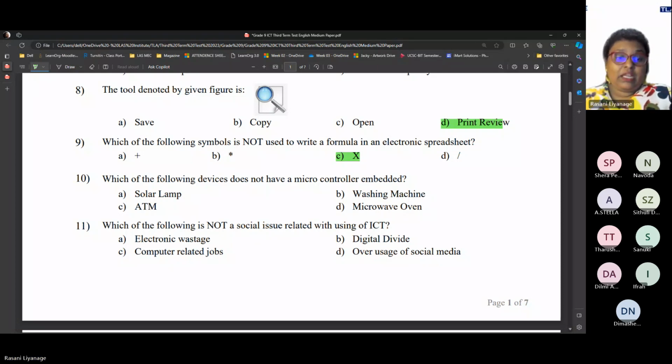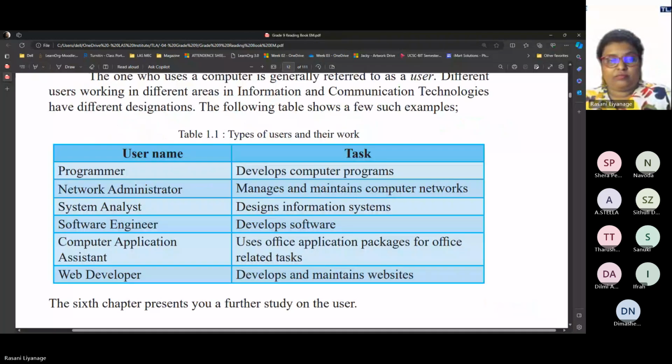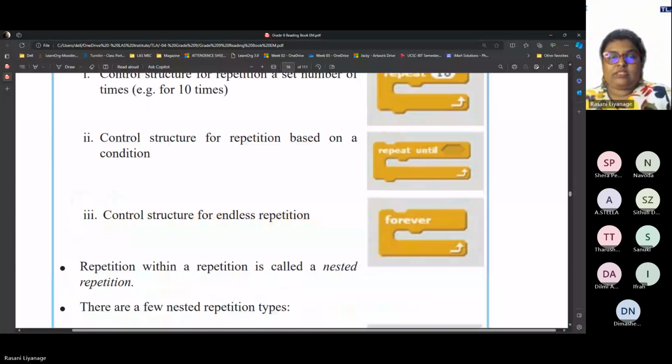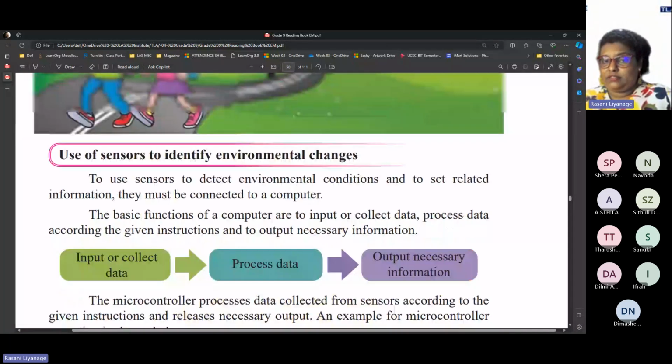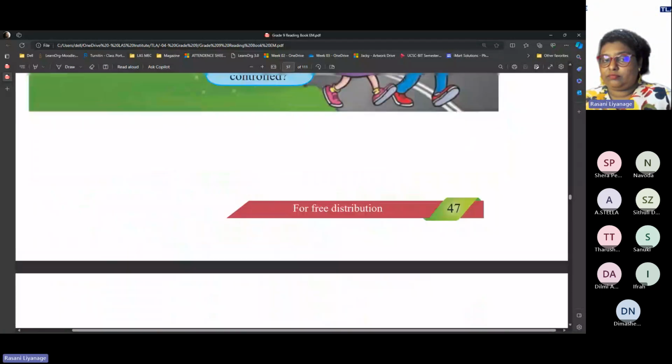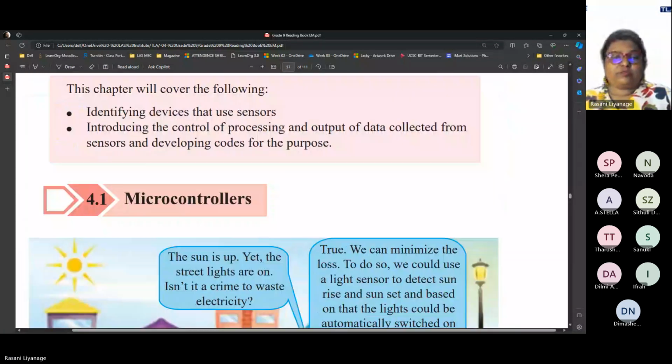So they have. This question is something that I can direct to the textbook. See, that is from this microcontroller lesson. Use of microcontrollers.